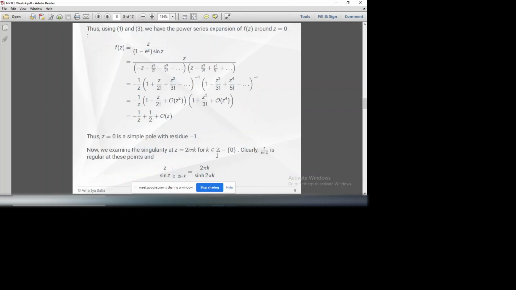Now simply as we have seen before, precisely at this point z equal to 2 pi ik, this value is 2 pi k divided by sinh 2 pi k. And there is no mistake here, because 2 pi k divided by sinh 2 pi k is an even function, so it doesn't matter if I put k or minus k, the answer remains the same.